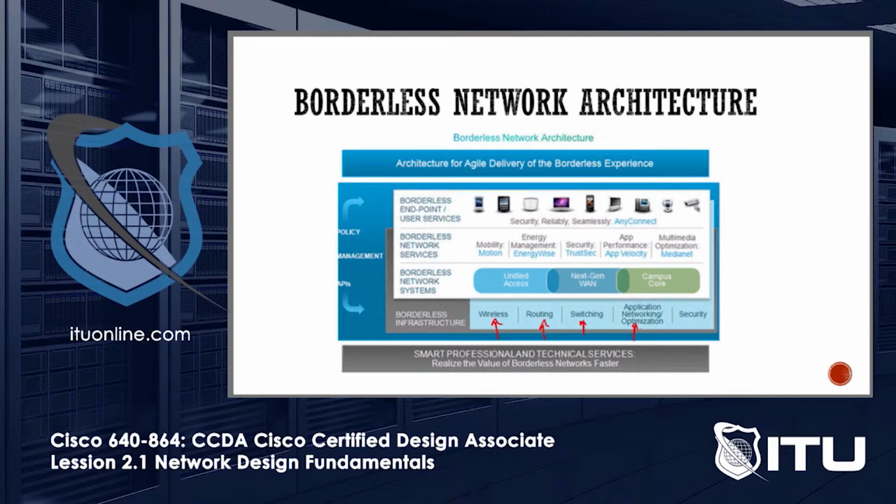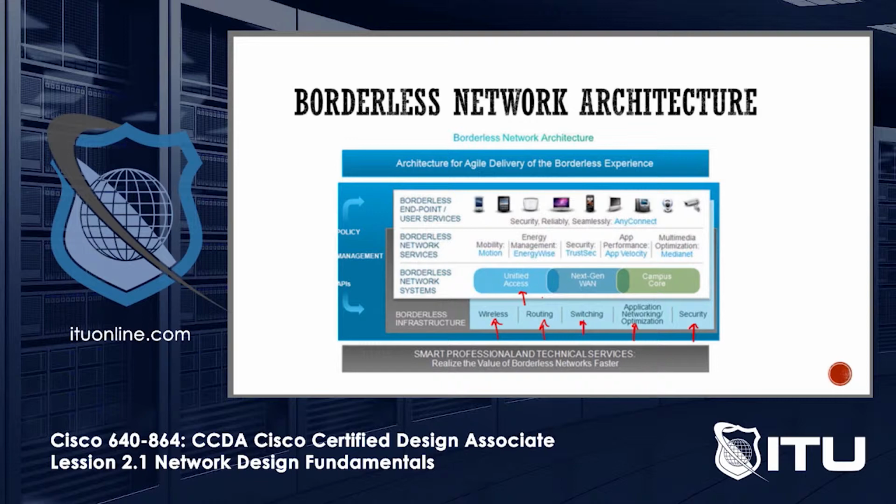A couple different things come to mind, like WAAS, to ensure the WAN connectivity is optimal, making the best use of WAN bandwidth. And then security. And then borderless network systems come with unified access. Unified access basically is a new concept too. I mean, in design, there's all these cool things that you get to learn about, right?